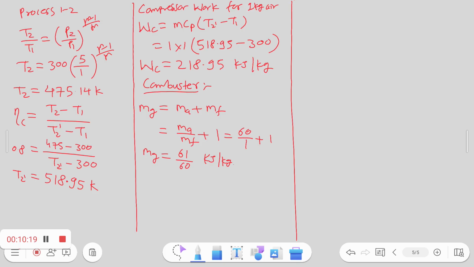So in the combustion chamber, air will come in, fuel will get added, and combustion will take place. Whatever gases come out will be equal to mass of air plus mass of fuel. Now I have divided by mass of fuel here: mass of air divided by mass of fuel plus mass of fuel divided by mass of fuel, which is 1. I know the air fuel ratio is 60 to 1, so that will be 61 by 60.